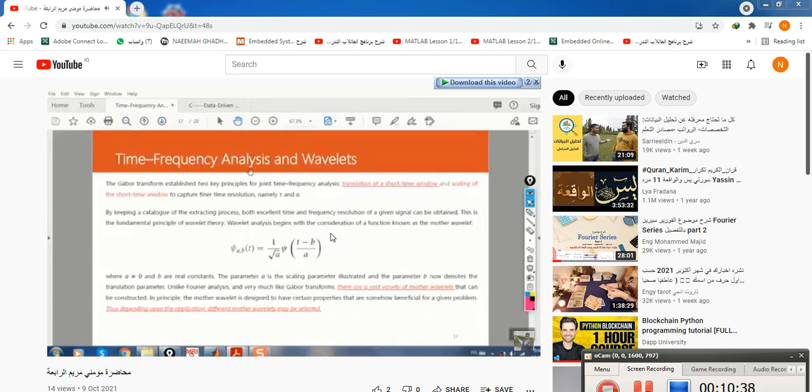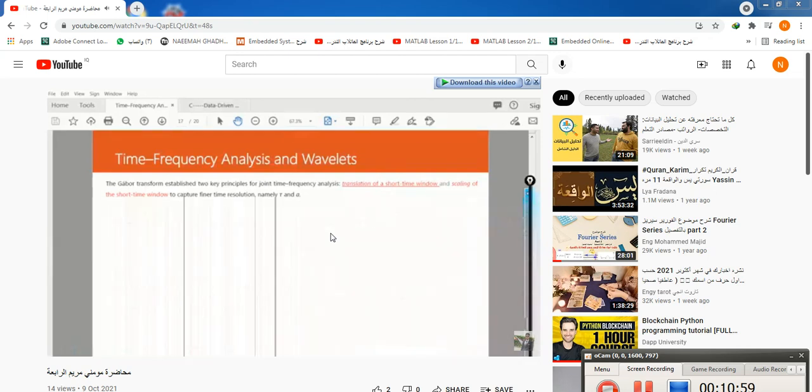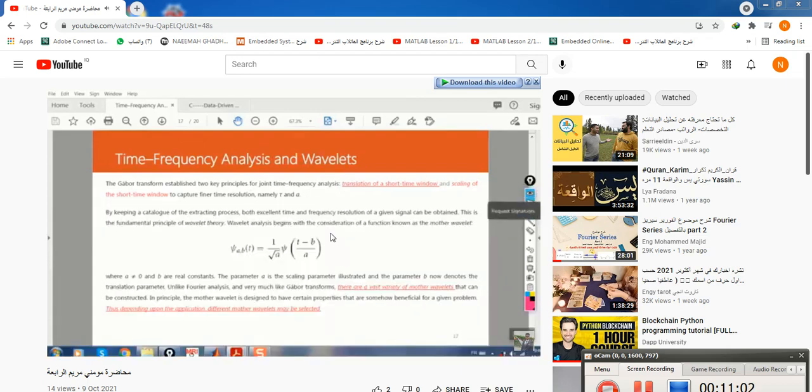And as you see, the Gabor transform established two key principles for joint time frequency analysis: translation of a short time window and scaling of the short time window to capture a finer time resolution, namely tau and A. If I remind you, if we have, for instance, this signal, then we can consider this window.